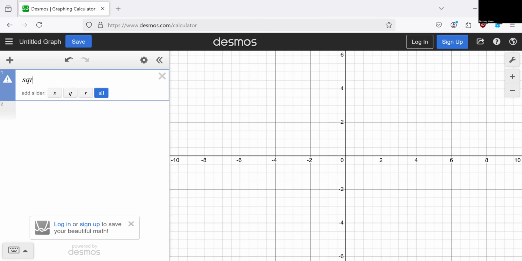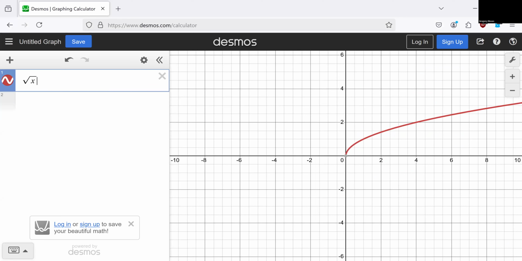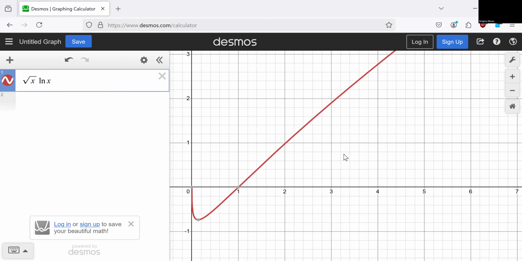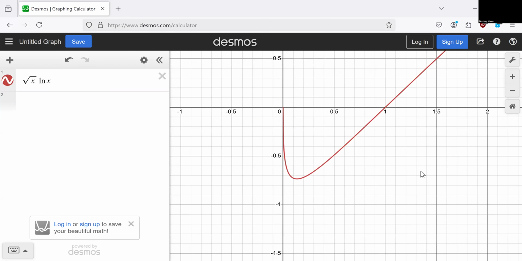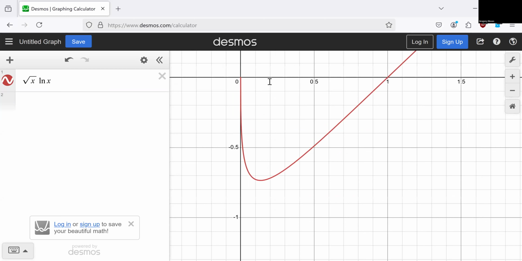The square root of x times the natural log of x. What happens as we approach 0? Let me make this a little thicker so it can be easier seen from the back row.